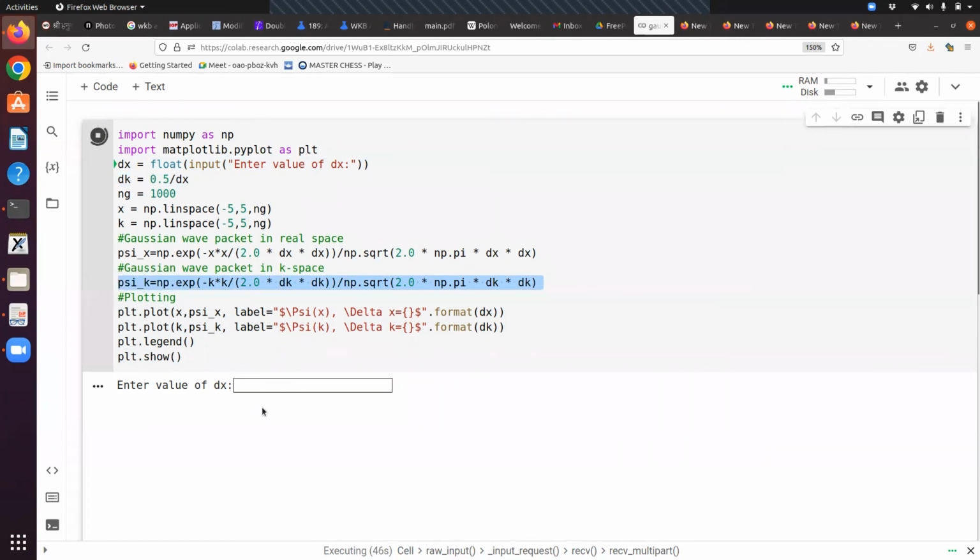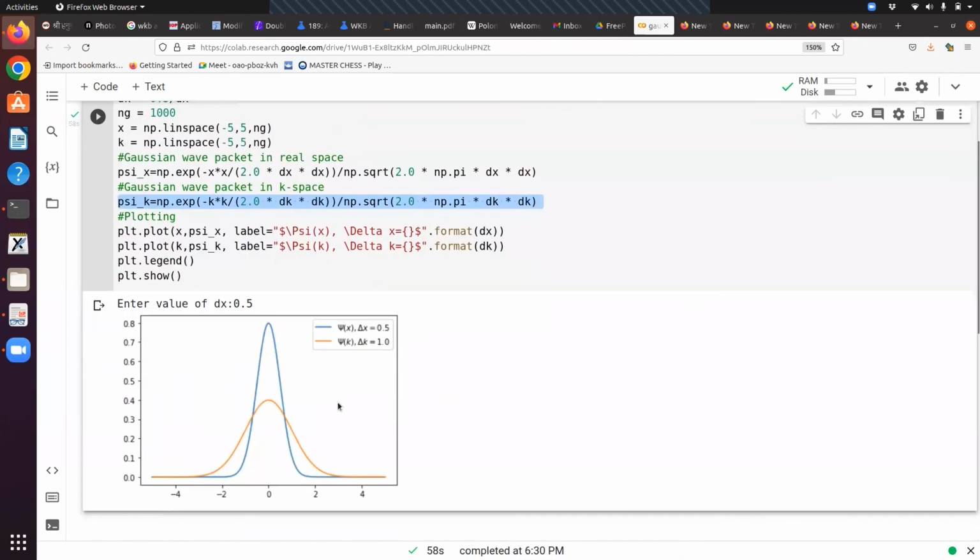Let us run the code for some values of delta x and delta k. So it is asking for the value of delta x and we enter 0.5, and then this is how the wave packet looks like. The blue one is in the real space and the orange one is in the k space. Note that the x scale and y scale is arbitrary in this plot.